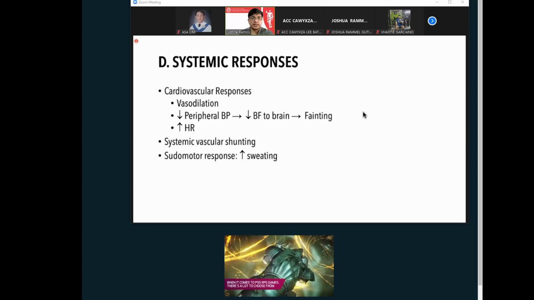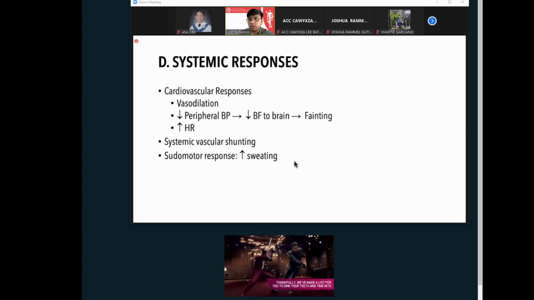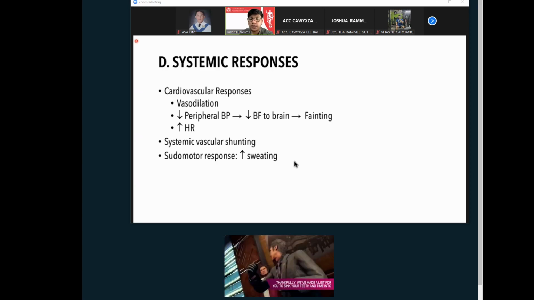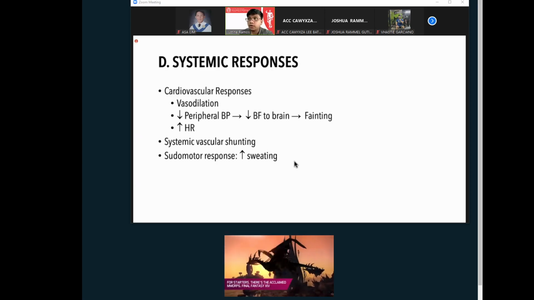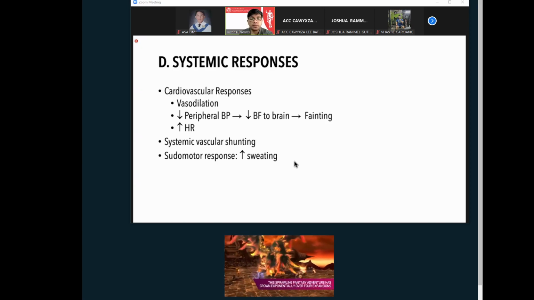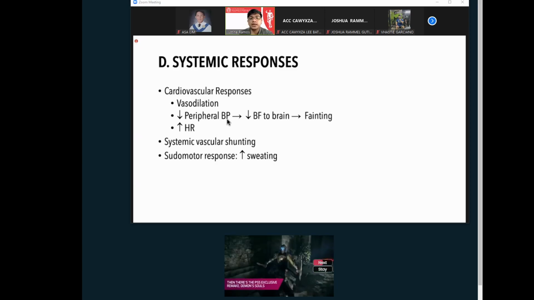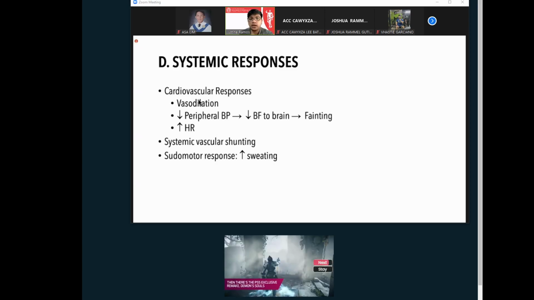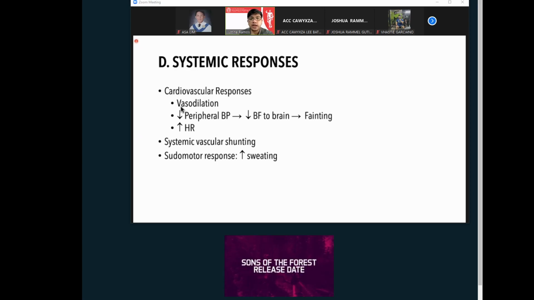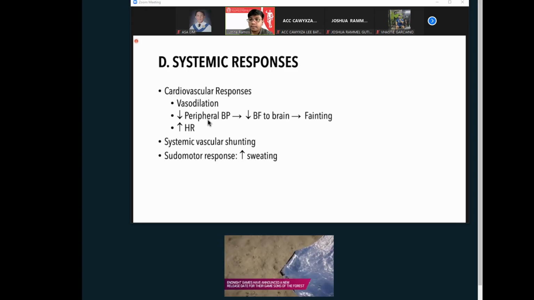Systemic responses. Remember, kapag systemic, ibig sabihin full body immersion therapy with warm or even close to hot temperature, like a warm whirlpool, for example. So the effect would be systemic. Because of severe vasodilation, kasi buong body would vasodilate, there is a decreased blood pressure on the peripheral area.